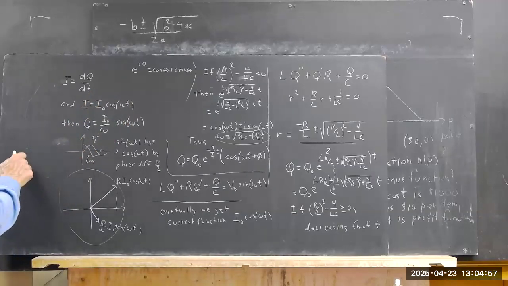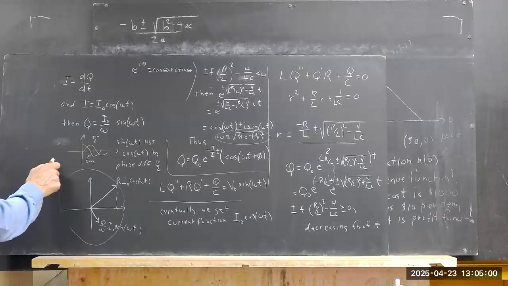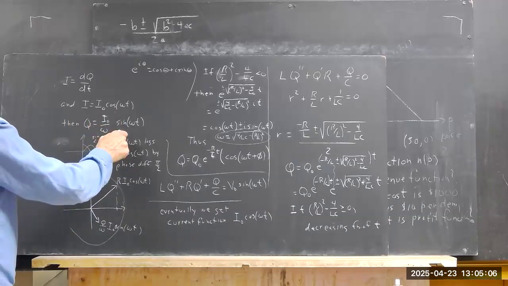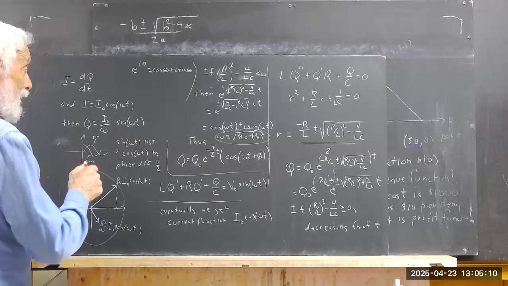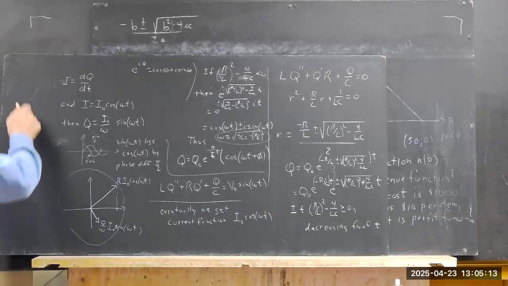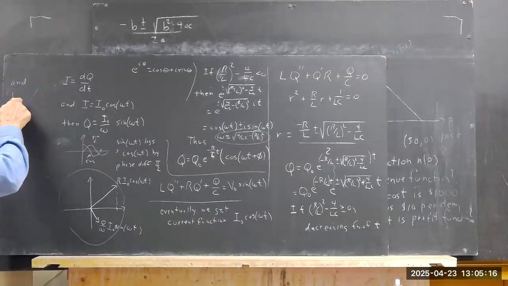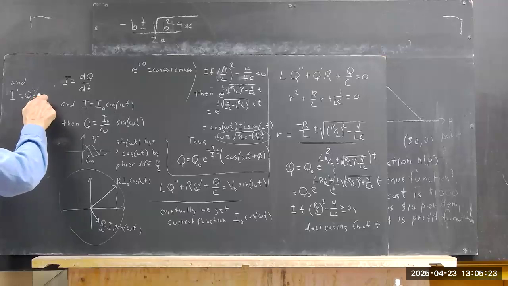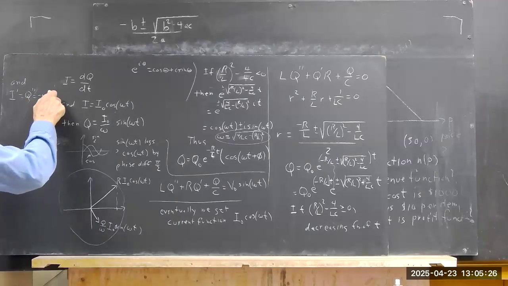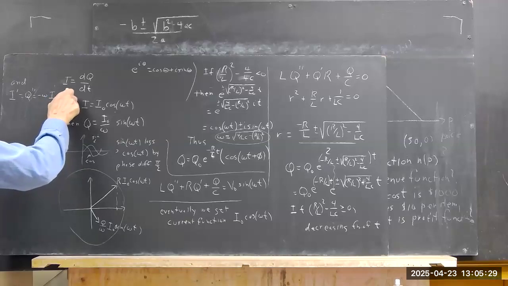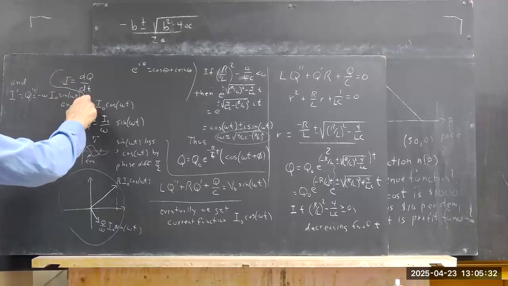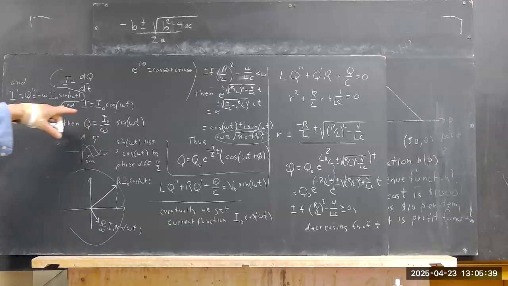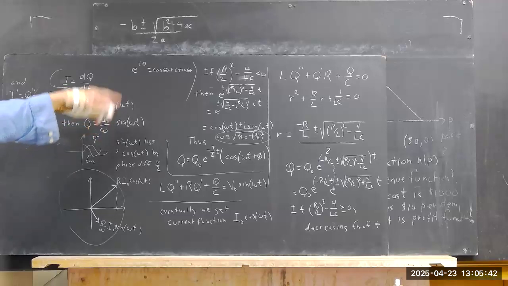Okay, so phi is this, q is this. Then I prime, which is q double prime, you take the derivative of this and you get negative omega I naught cosine omega t.